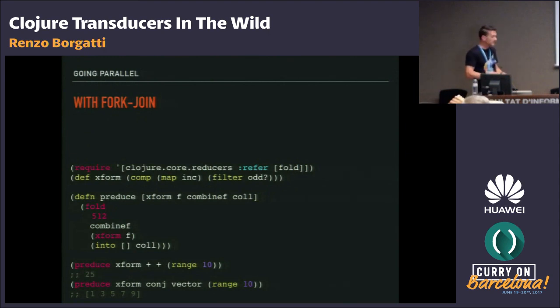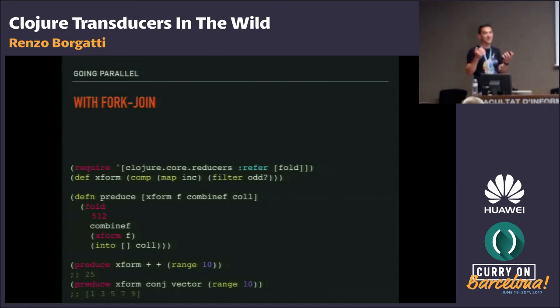Now going parallel, talking about parallelizable things. There is a facility in Java that Clojure can use, called fork join, which is part of the JDK. And this facility can be seen as yet another kind of transport.